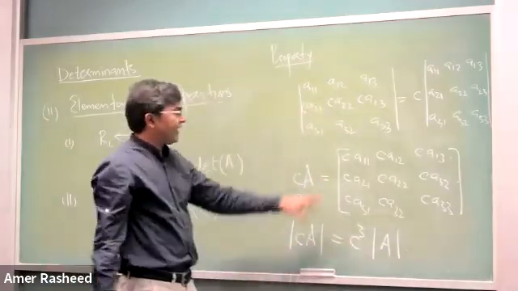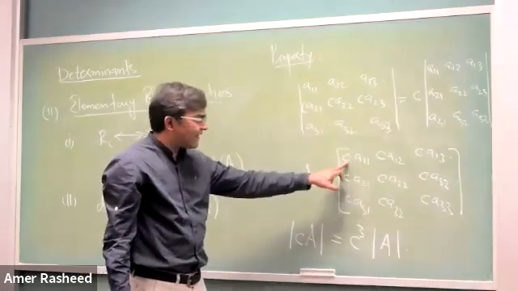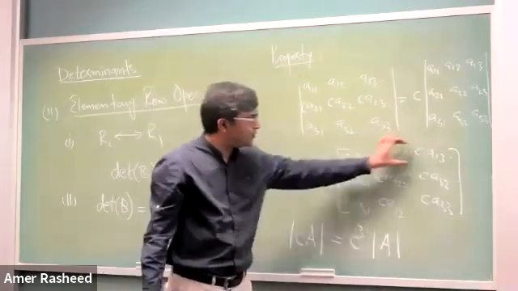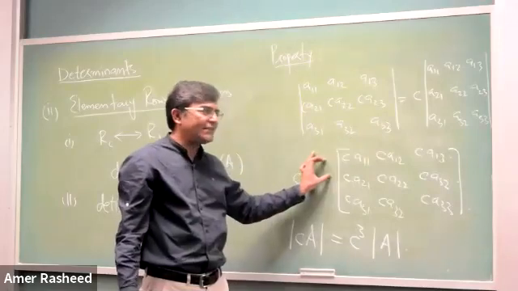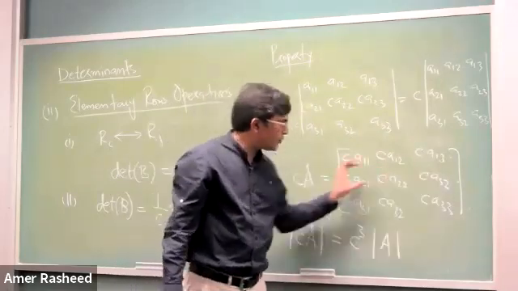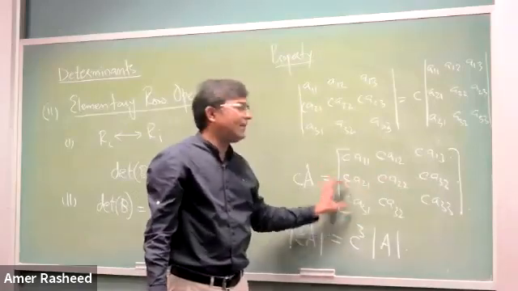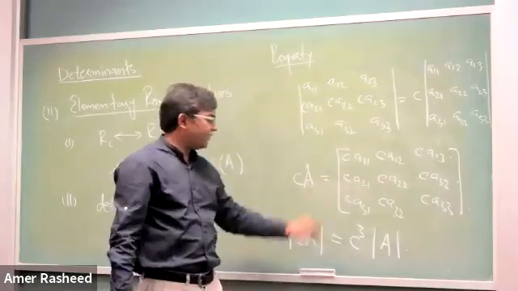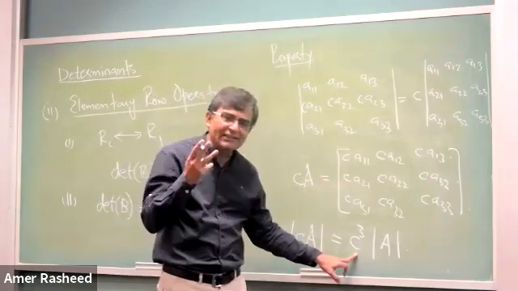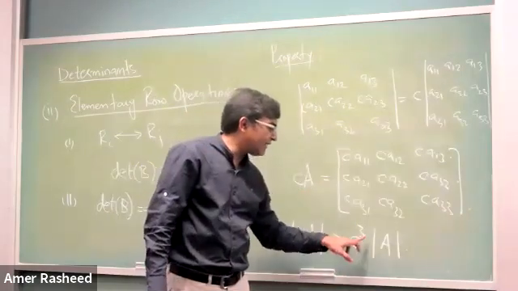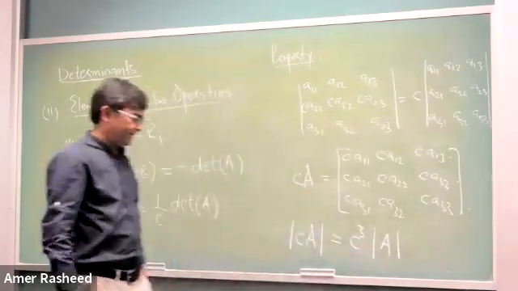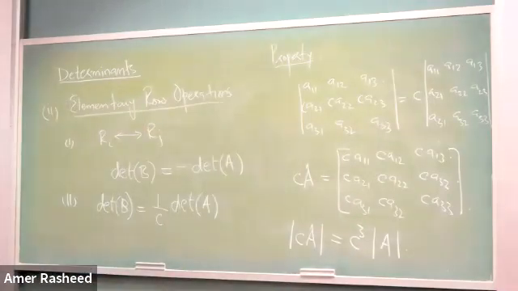Because you are taking common C from each row. From first row, you took C common, 1 C. From second row, you took common C, you get another C. From third row, you took common C, you get another C. So they are 3 C's. So you get C power 3 times determinant of A. I hope you get it.